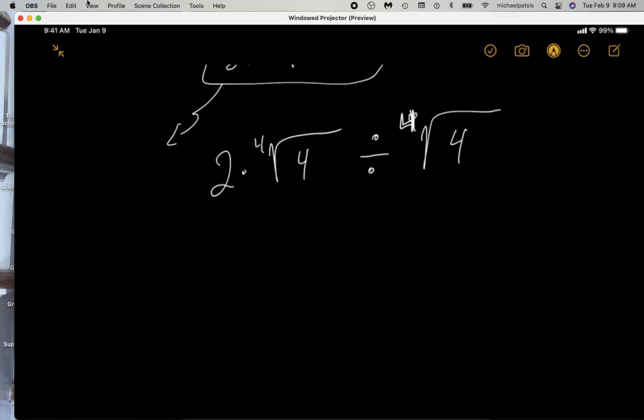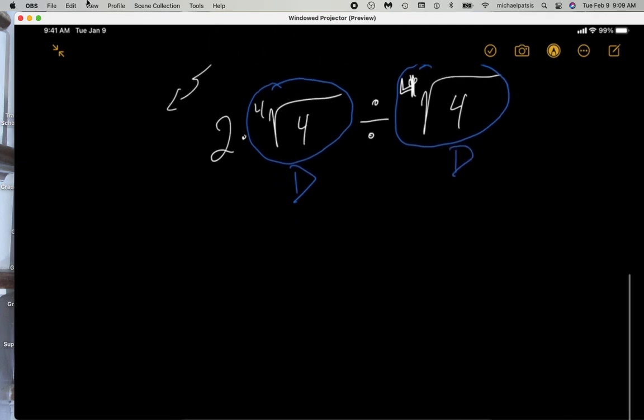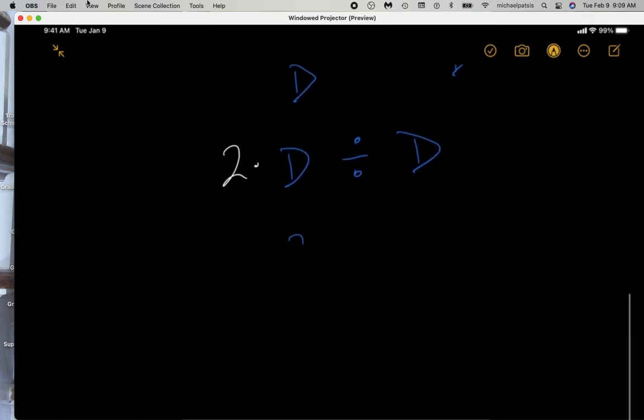Okay, if we call this number D, as in Dartmouth, this is going to be the same D. What we're looking at is 2 times D divided by D. That's like saying 2 times D over D, and you're going to get 2.